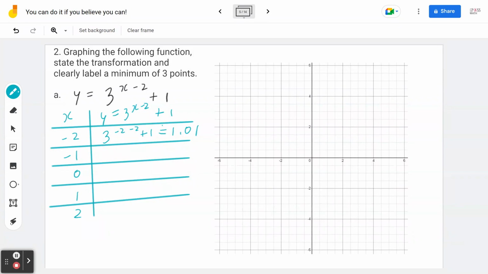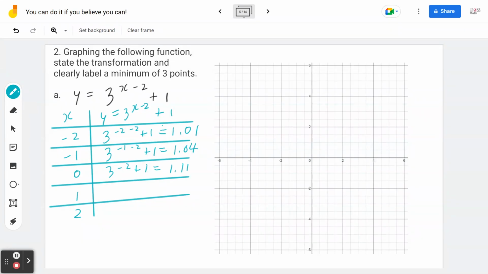If I plug in -1, that's going to be 3 to the power of -1 minus 2, plus 1. And again, this is approximately 1.04. If I plug in 0, that's going to be 3 to the power of -2 plus 1. So again, this is going to be approximately 1.11.